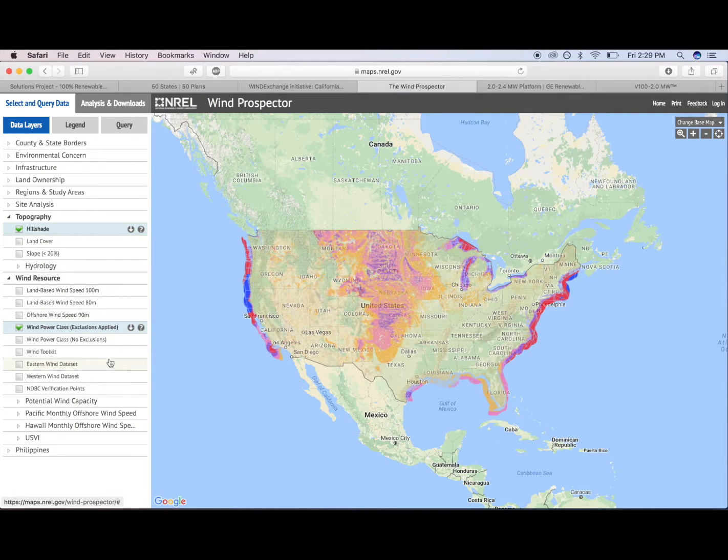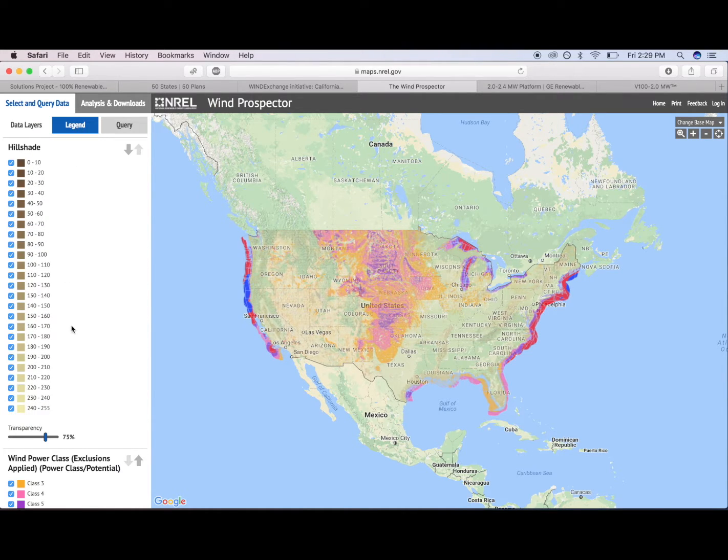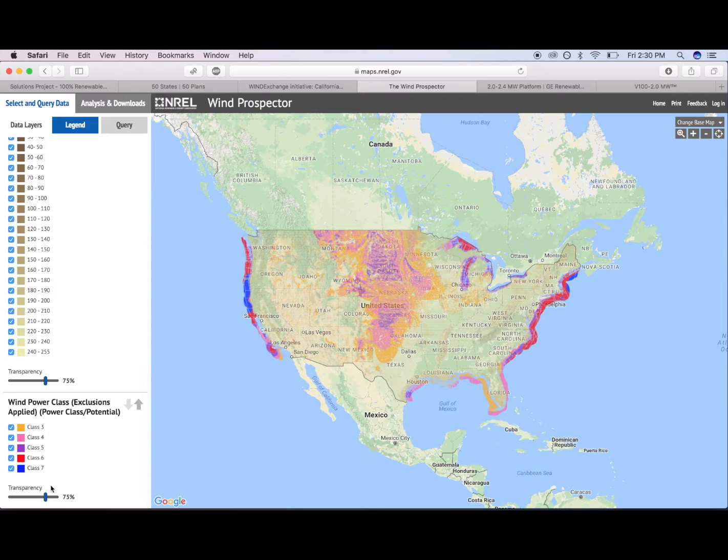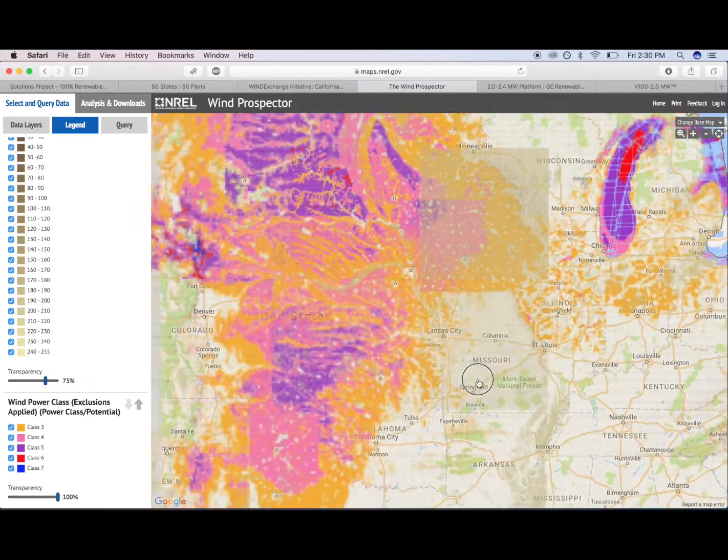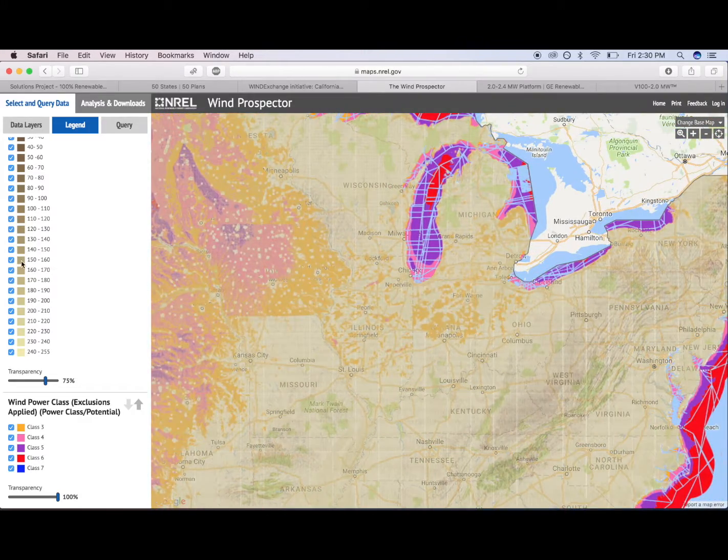And then we can come in here and we can start to look at, we did this in class, but where exactly the wind resources are.